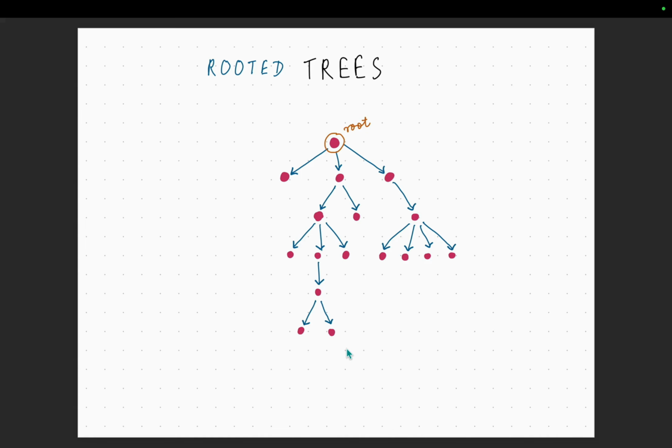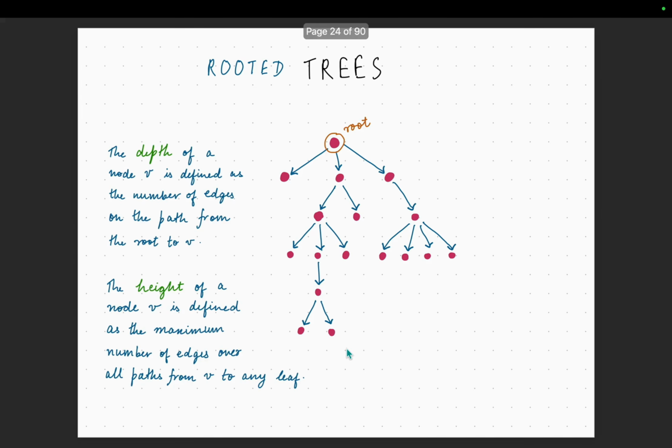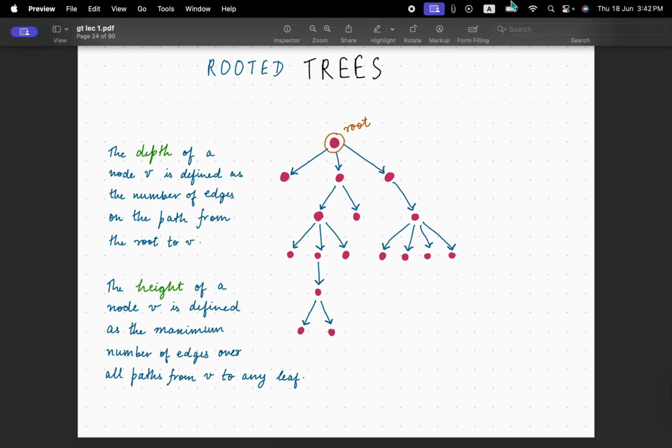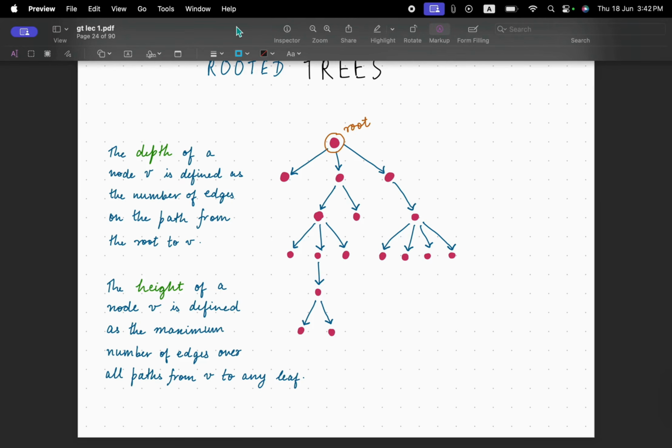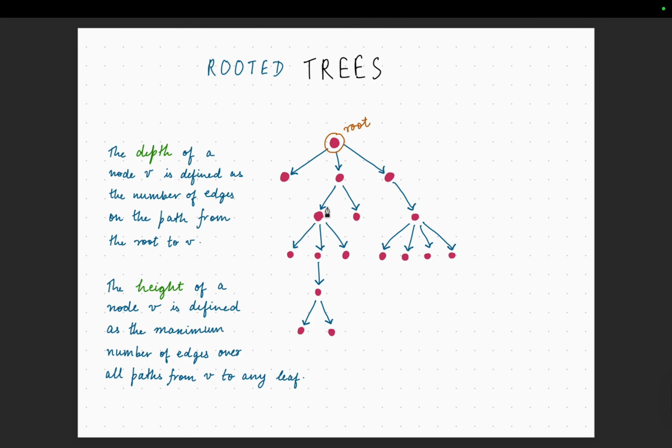Some definitions related to rooted trees are depth and height. The depth of a node is the number of edges on the path from the root to that vertex. For example, if you pick this vertex, it has depth 1 because there's only one edge from the root to here. The root, of course, has depth 0 because there are no edges.